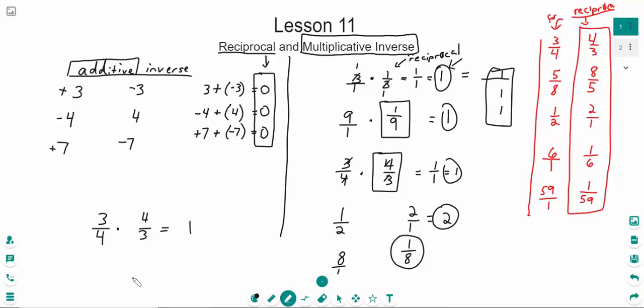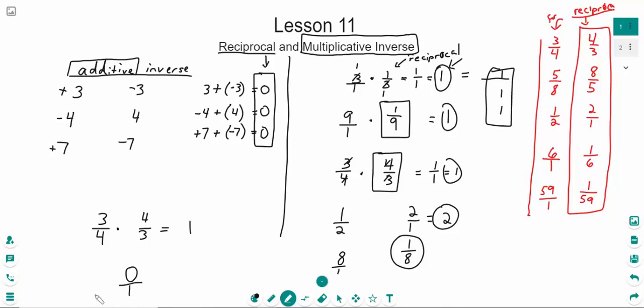All right, so let's move on to one other piece of the puzzle here, and it has to do with something that we've learned in a previous lesson. What if we have this oddball one? What if we have 0? And I say, okay, well, what's the reciprocal of 0? Or what's the multiplicative inverse of 0? And you think, well, how can I write 0 as a fraction? Well, I could write 0 as a fraction as 0 over 1, right?